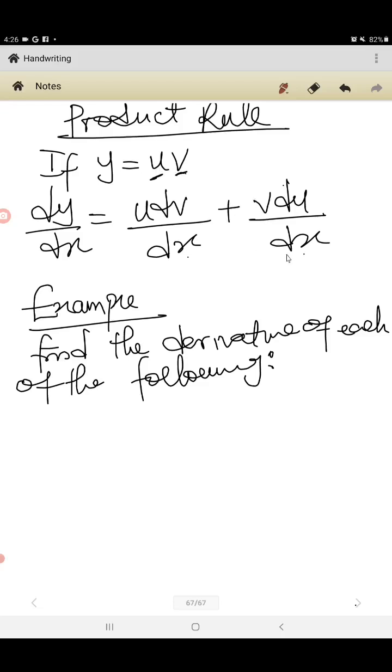That is what we call the product rule. Let's have an example to solve so you can get this product rule very well.